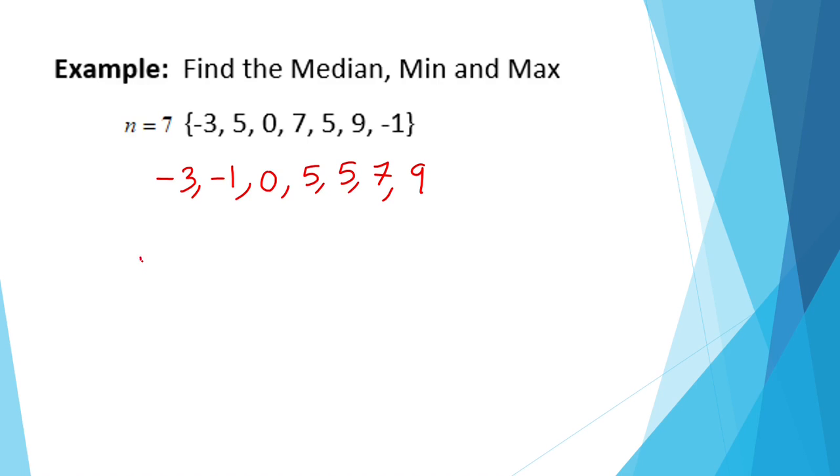To find the minimum, it's going to be the smallest value, that's just -3. To find the maximum, that's the largest value, that's just 9. The median is the number right in the middle, so we have 5 is directly in the middle with 3 data values below it and 3 data values above it. The median is 5.